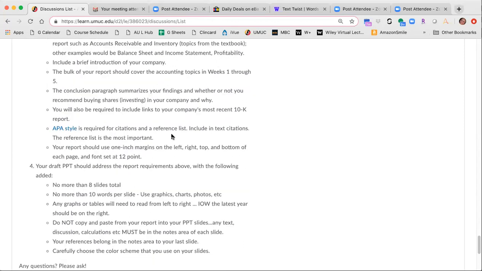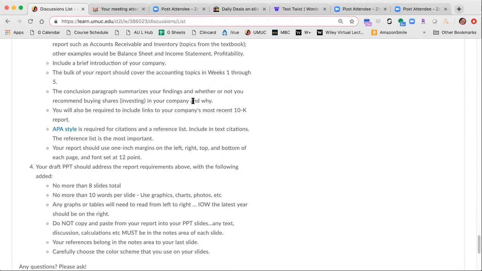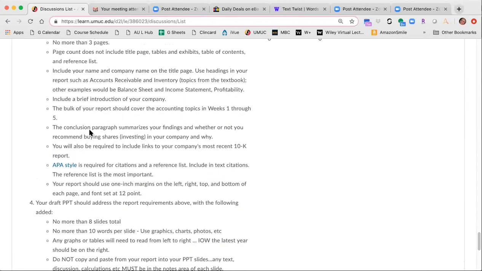And then you also have your reference list with your citations. So that's what we're looking for in terms of technical stuff.